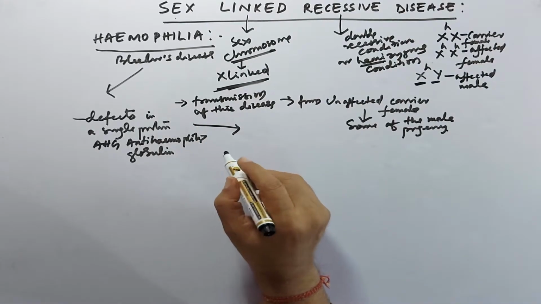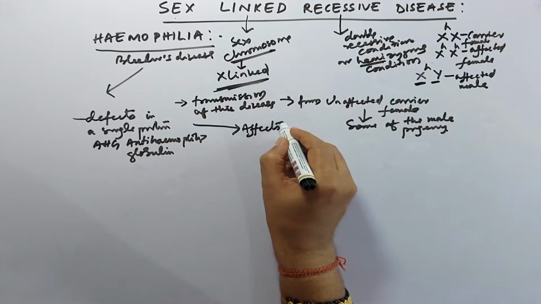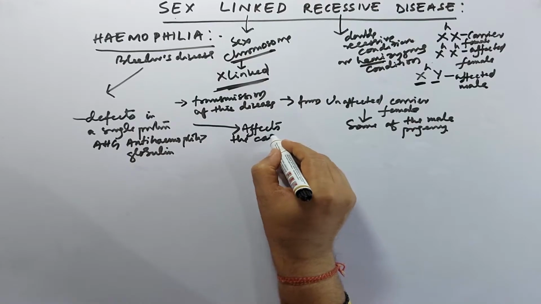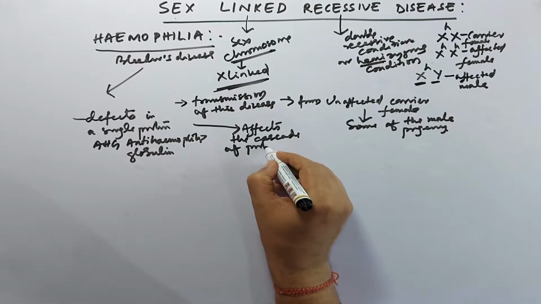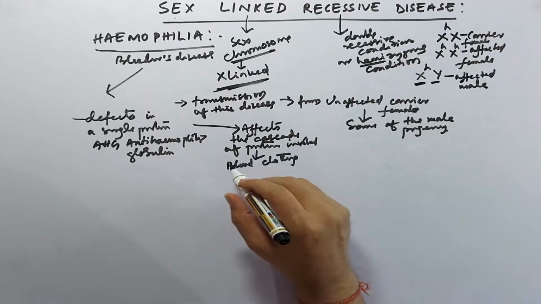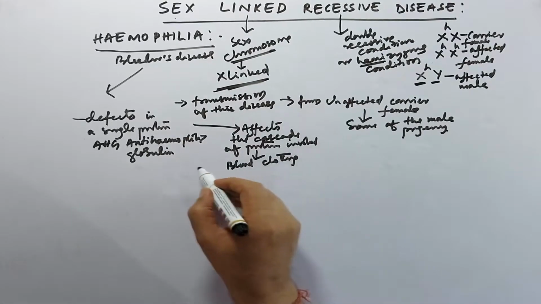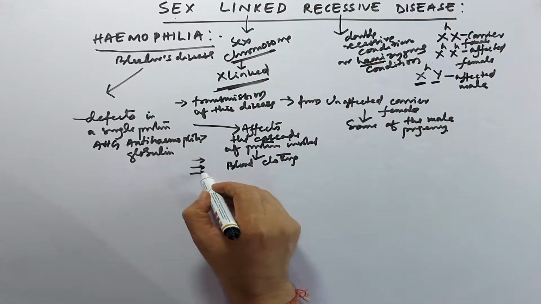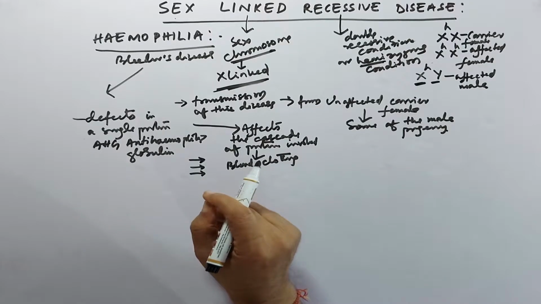It affects the cascade of proteins involved in blood clotting. A series of reactions takes place to finally clot the blood, and we will discuss this in the circulatory system.